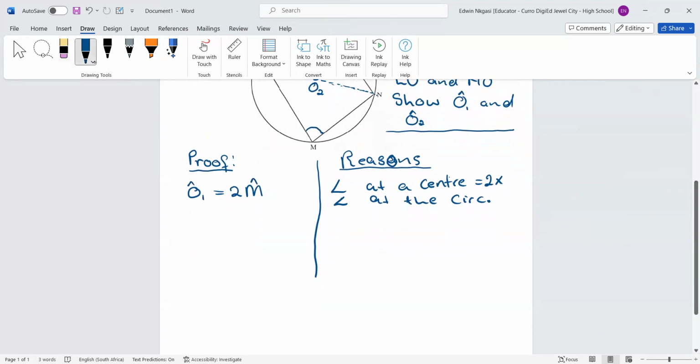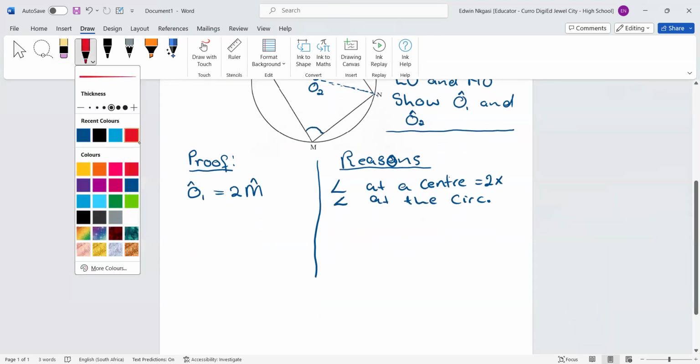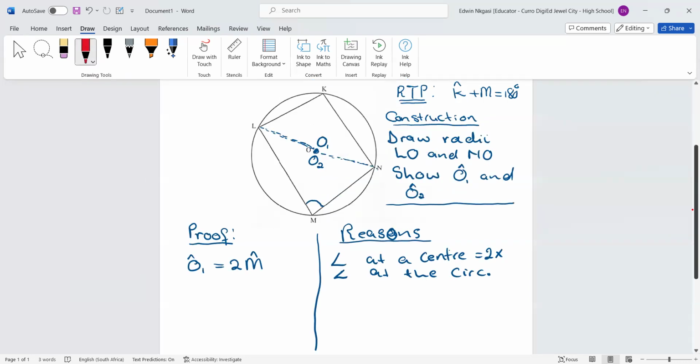Second step, we're going to use the other angle. The first one that we indicated was this angle and that angle. So now we go on to the other side.